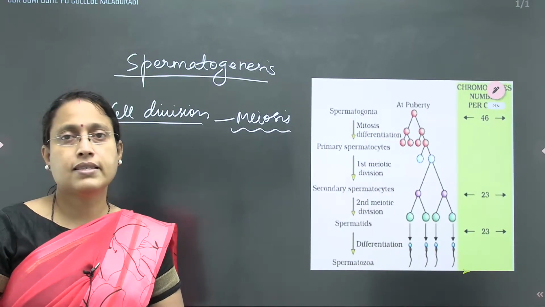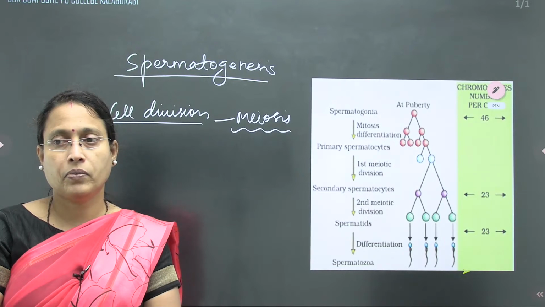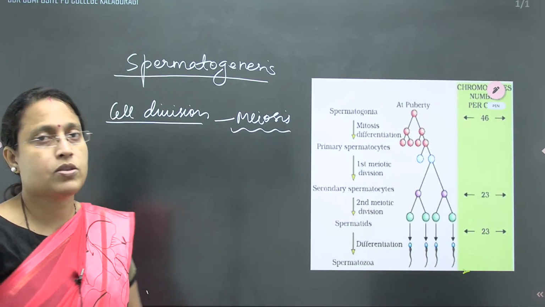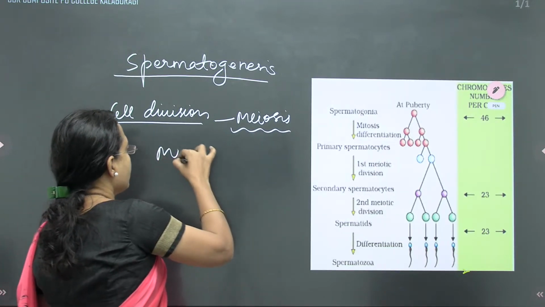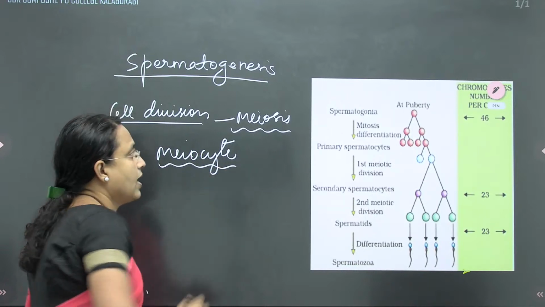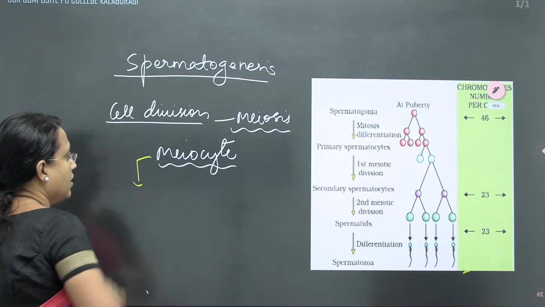Now, are all cells capable of undergoing meiosis? No. Only certain cells are capable of undergoing meiosis, and they are called meiocytes. What is a meiocyte?